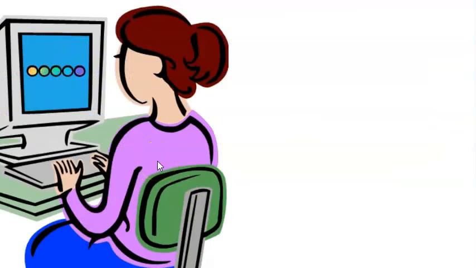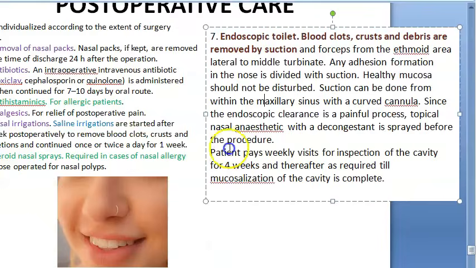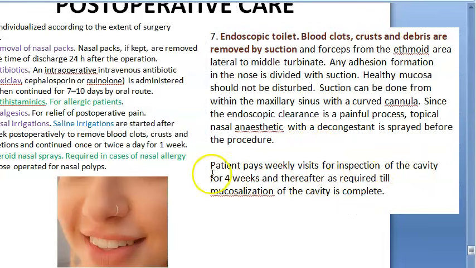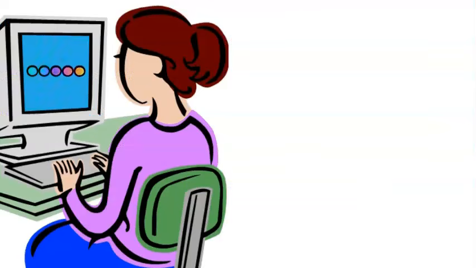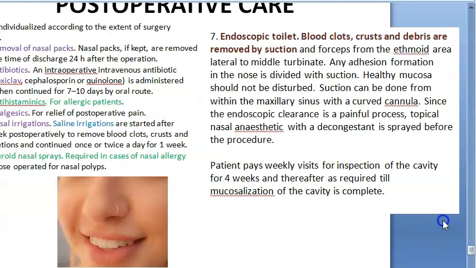Since endoscopic clearance is a painful process, topical nasal anesthetic with decongestant is sprayed before the procedure. The patient pays a weekly visit for inspection of the cavity for 4 weeks, and thereafter as required till mucosalization of the cavity is complete. So the patient will keep visiting after the surgery for about 4 weeks.